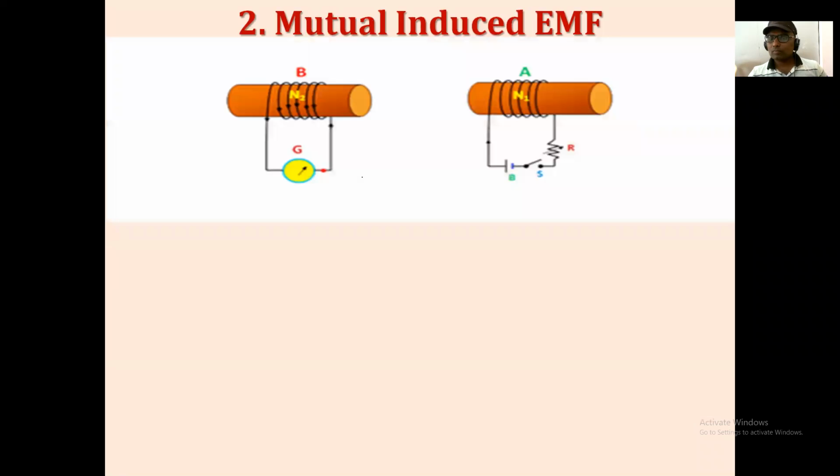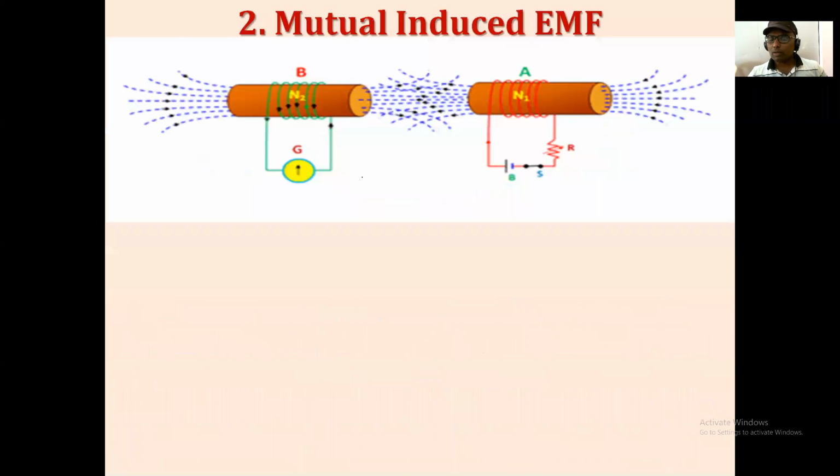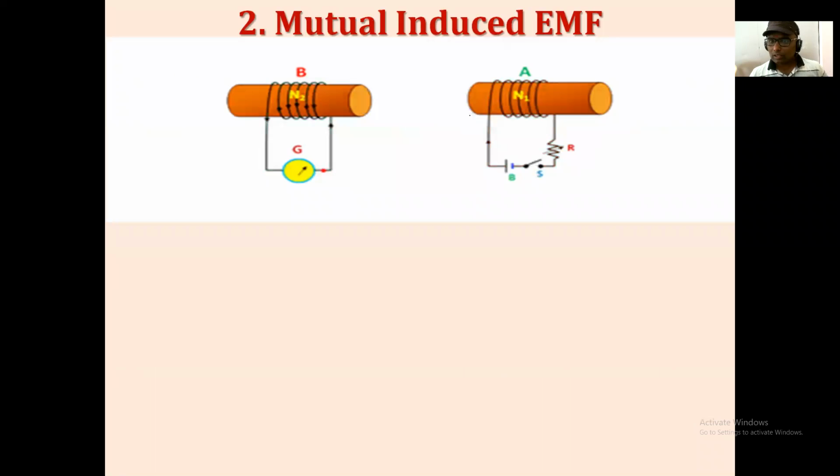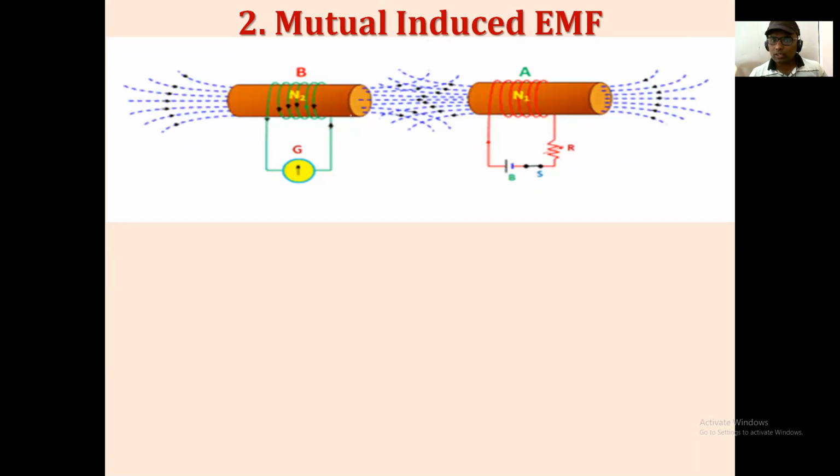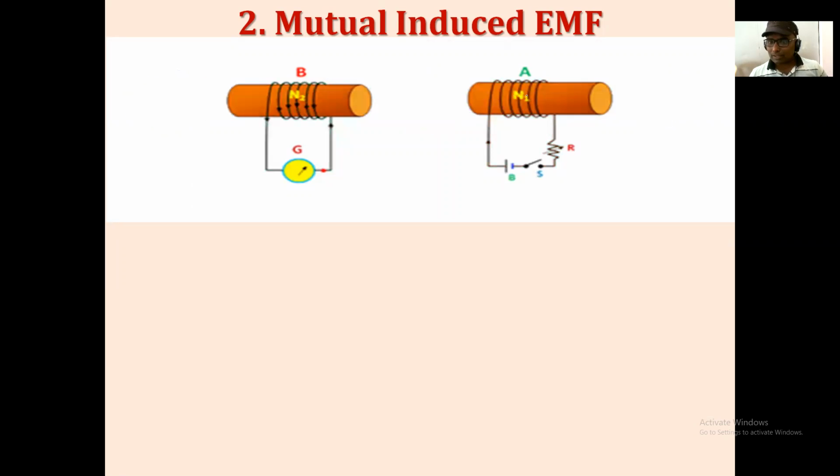Okay. And then the second point is the mutual induced EMF. Now let me try to explain that experimental setup. Here two hollow cylinders of orange color are considered. Both cylinders are wound with n number of turns of a wire.